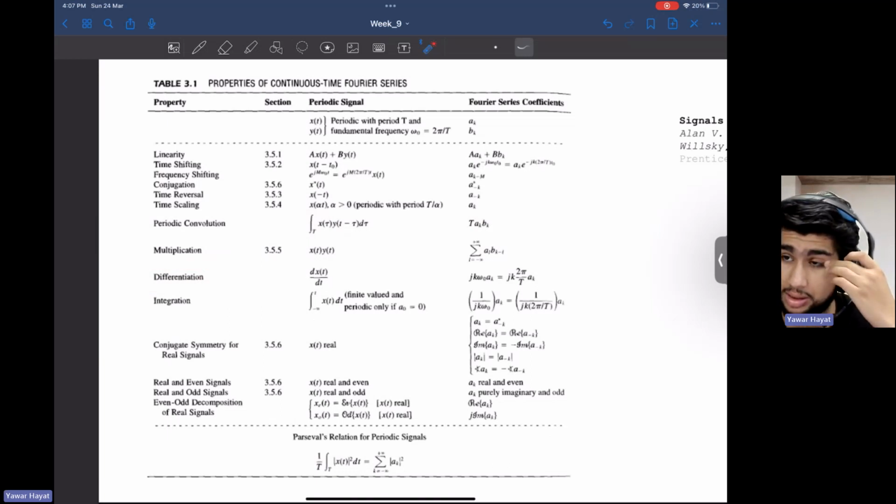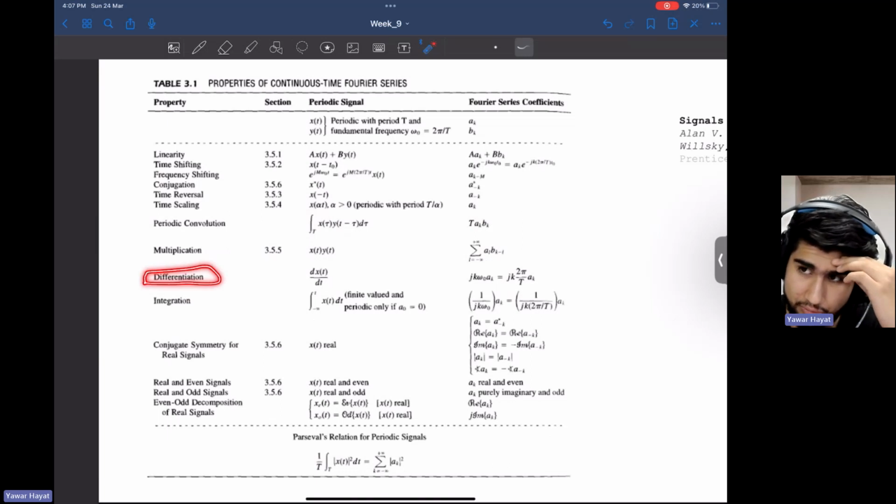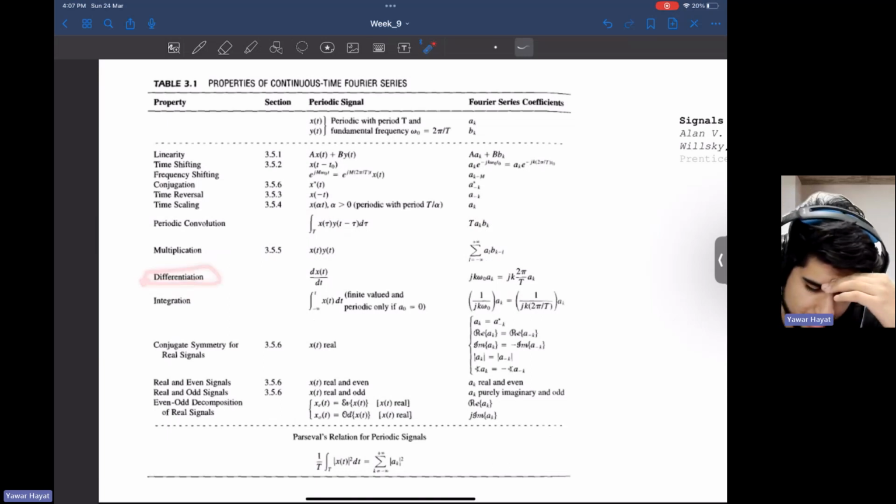If we are given a signal whose Fourier series coefficients are ak, and we differentiate the signal in the time domain, then the Fourier series coefficients are given by jk omega naught ak. Likewise, you can compute the Fourier series coefficients for higher order derivatives, d2x of t by dt square and so on.